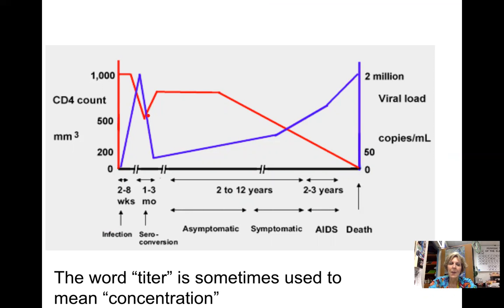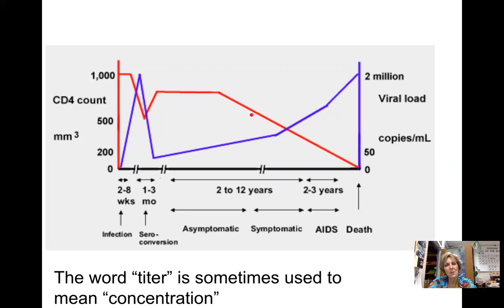But what happens is that our immune system mounts a comeback, and for a while, we keep the virus at bay, right? But that virus continues to just stealthily infect those helper T cells, and this is without treatment.